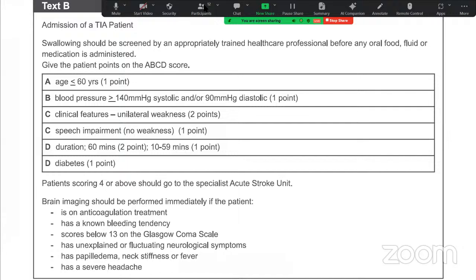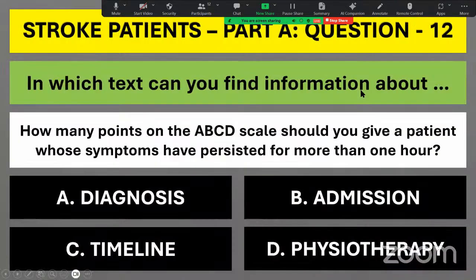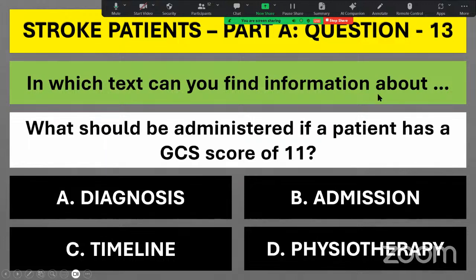Yes, next. Question number 13. What should be administered if a patient has a GCS score of 11?